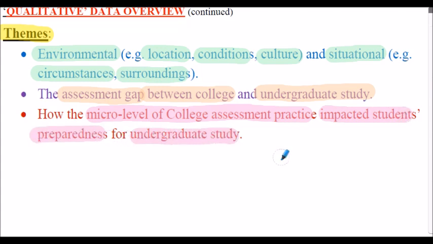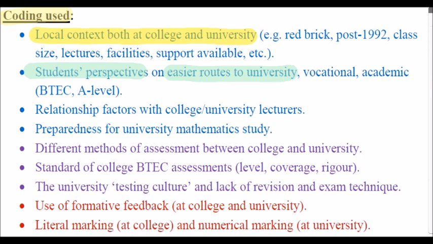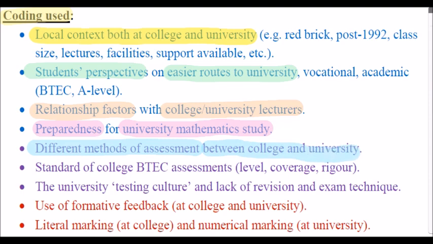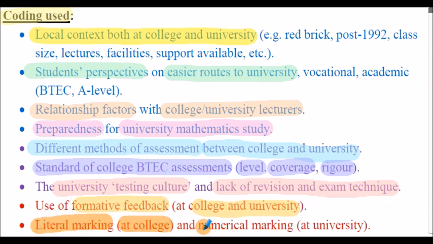So those were some salient themes that evolved from the analysis of the data gathered, and the codings used to generate the themes related to the local context of both college and university, students' perspective on easier routes to university, relationship factors with college and university lecturers, preparedness for the university's engineering mathematics study and lectures, different methods of assessment between college and university, the standard of college BTEC assessments related to level, coverage and rigour of the assessments, the university's testing culture and lack of revision and exam techniques of the students, the use of formative feedback at college and university, and the literal marking used at college compared to the numerical marking used at university.